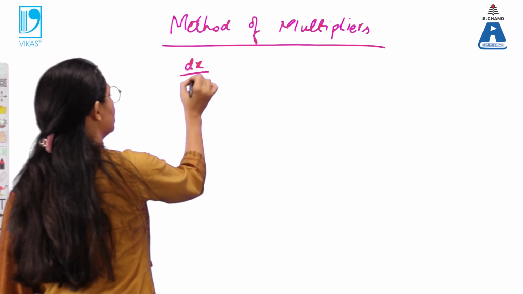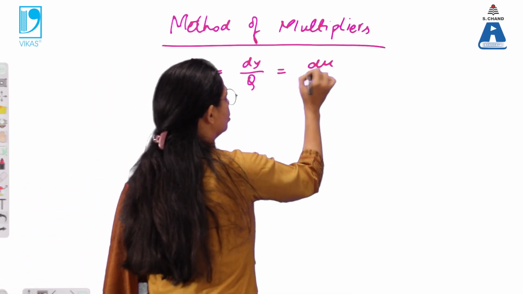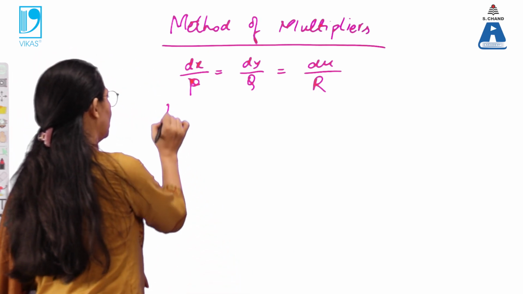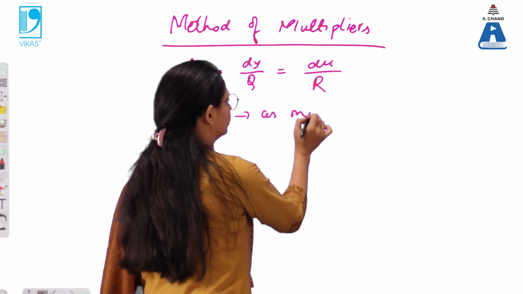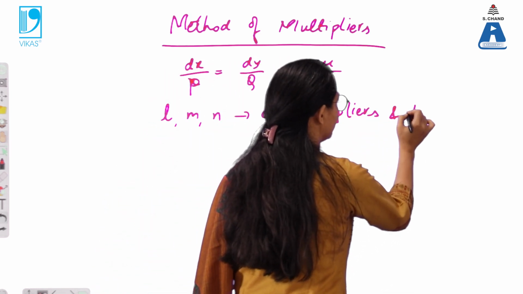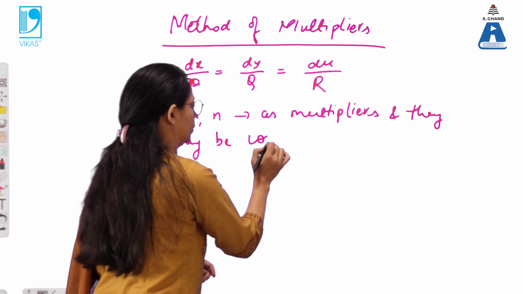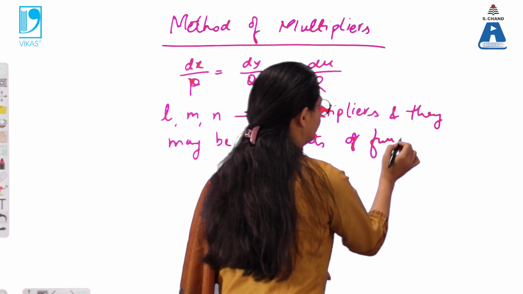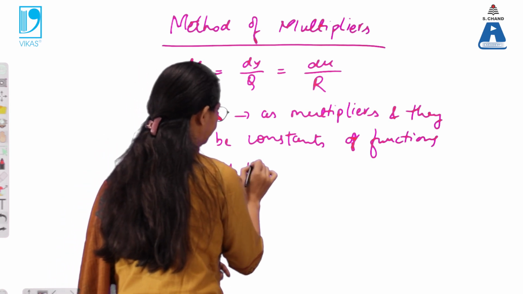So let us say these are dx over P, dy over Q and du over R. These are our auxiliary equations. Now let us say L, M and N can be used as multipliers, and they may be constants or functions of x, y and u.